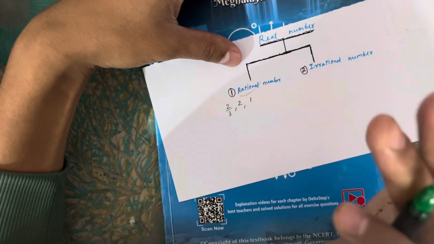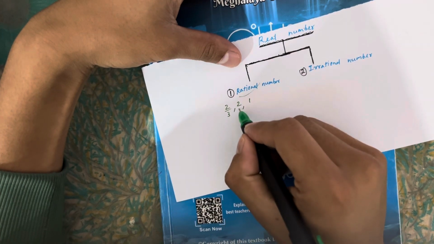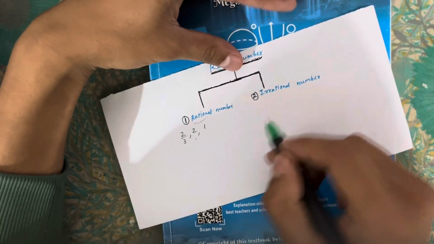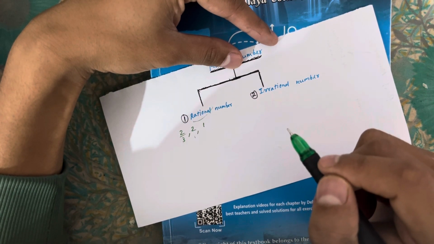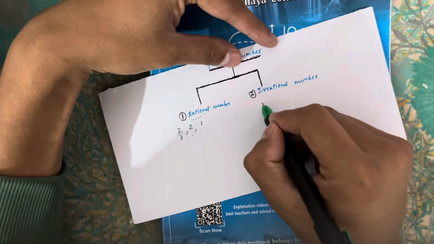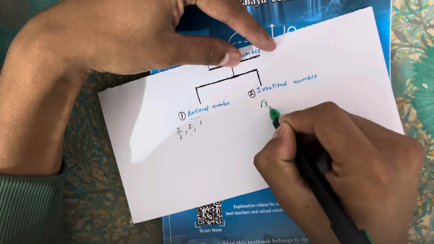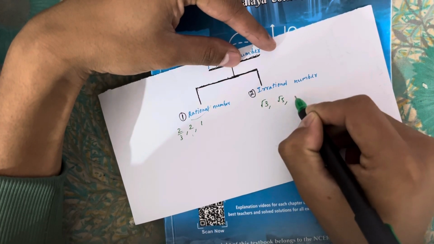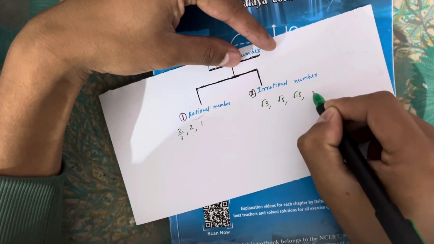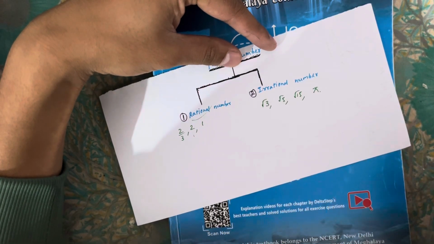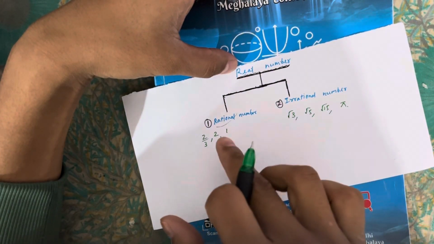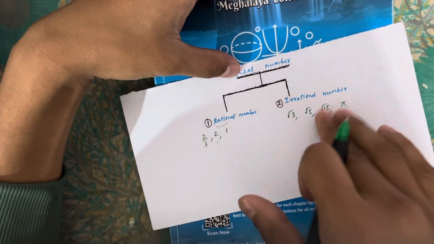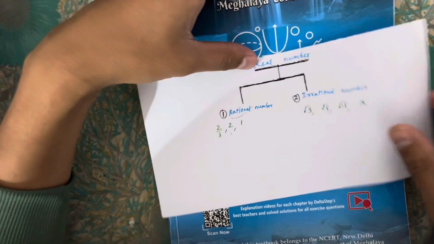All these are rational numbers. An irrational number is a number which cannot be expressed in the form p by q, for example root 3, root 5, root 15, and pi. These are called irrational numbers. So real number is made up of rational number and irrational number. Till here, okay.